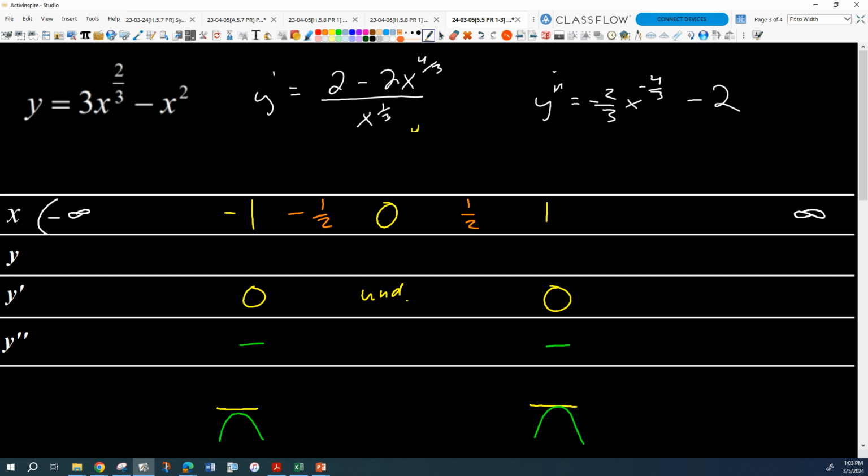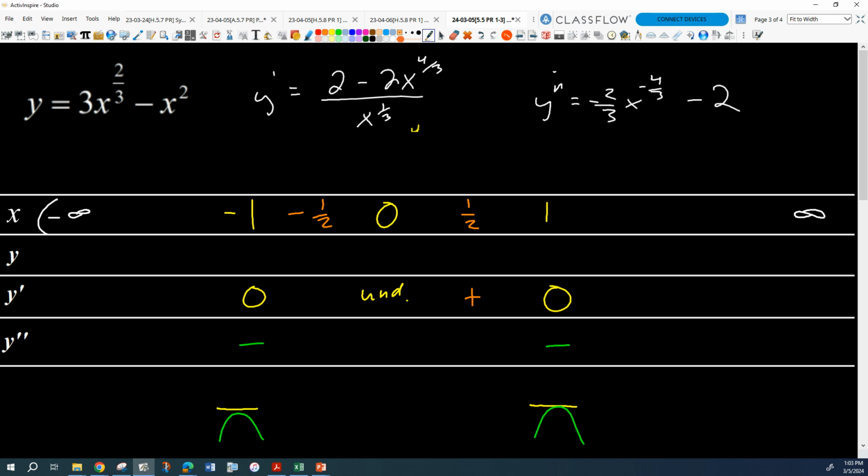So then we know that if this number is less than 1, 2 minus 2 times a number that's less than 1 is going to be 2 minus something less than 2, isn't it? Which makes the top positive. The bottom is going to be what? 1/2 to the 1/3, positive or negative? Positive. Okay, so we get positive there.